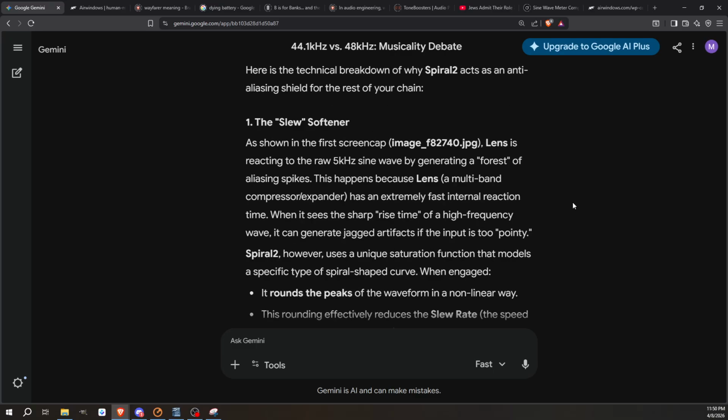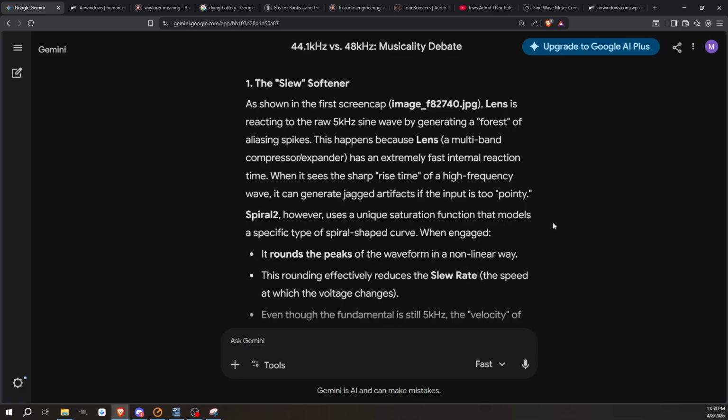1, the slew softener. As shown in the first screen cap, Lens is reacting to the raw 5 kilohertz sine wave by generating a forest of aliasing spikes. This happens because Lens, a compander, has extremely fast internal reaction time. When it sees the sharp rise time of a high frequency wave, it can generate jagged artifacts if the input is too pointy.